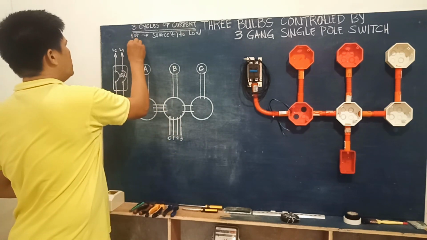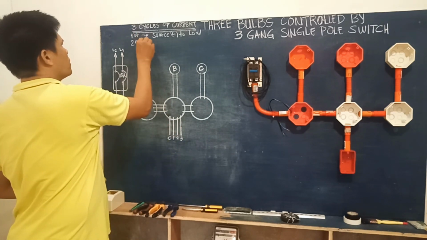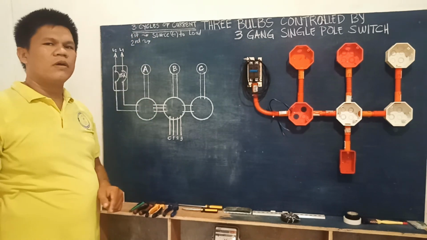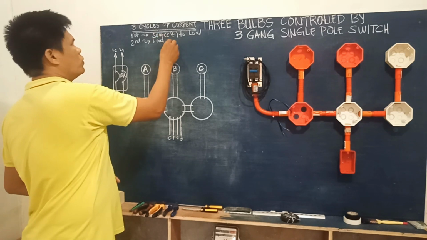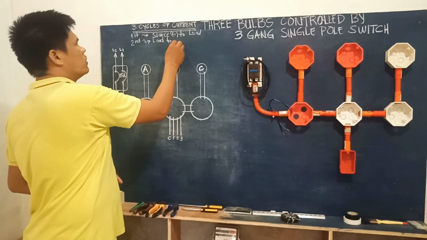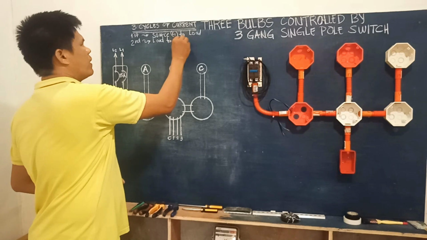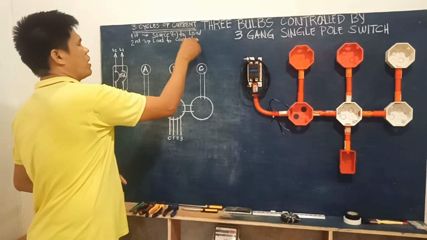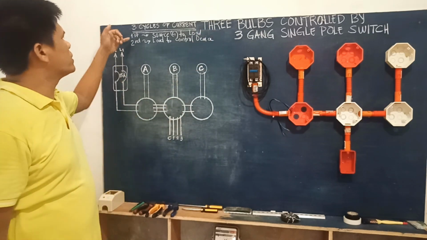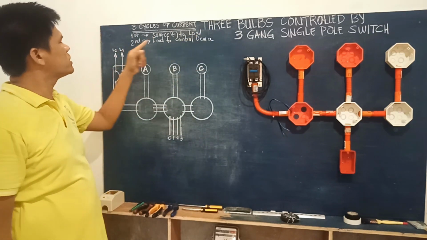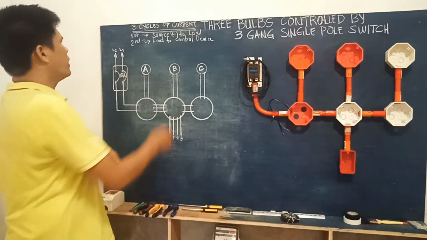So in the second cycle, we have from the load to the control device. So first cycle we have source to load, second load to control device.